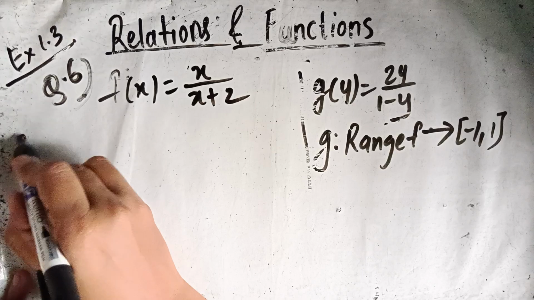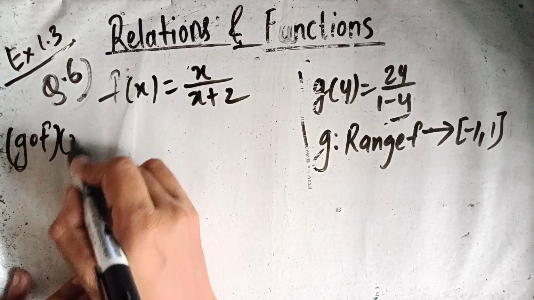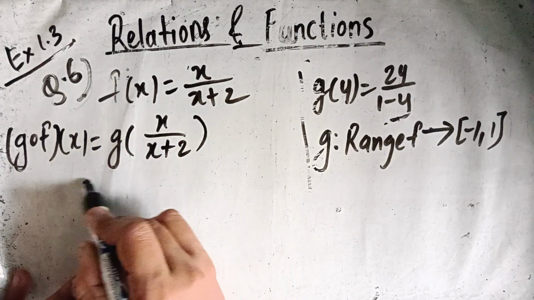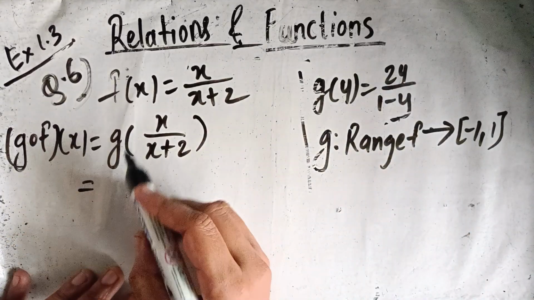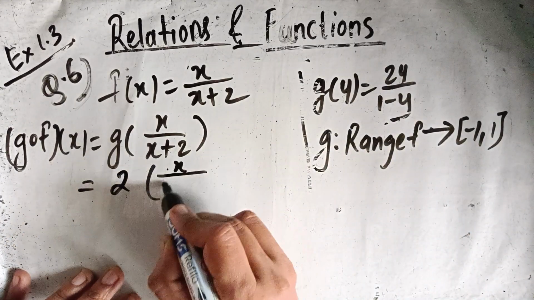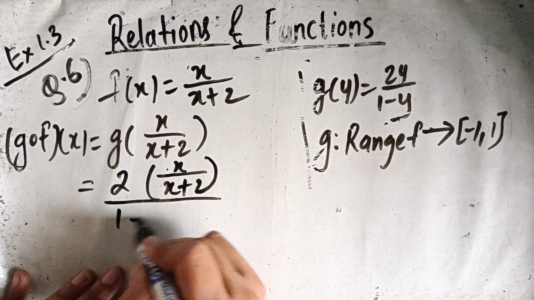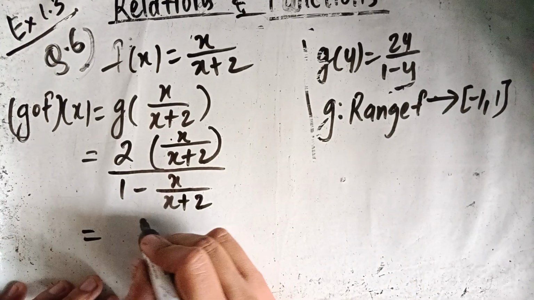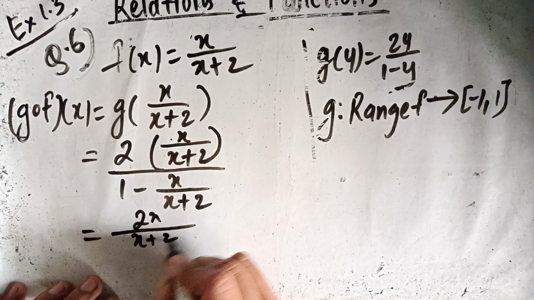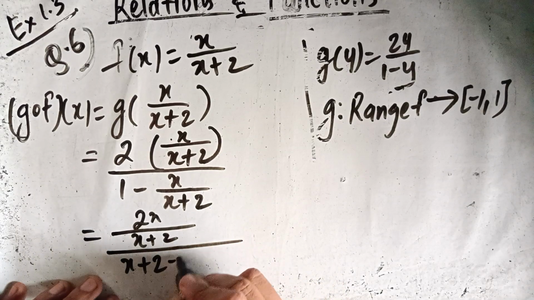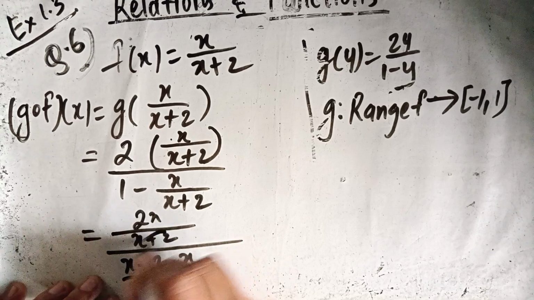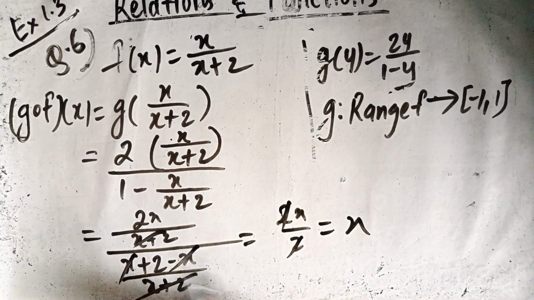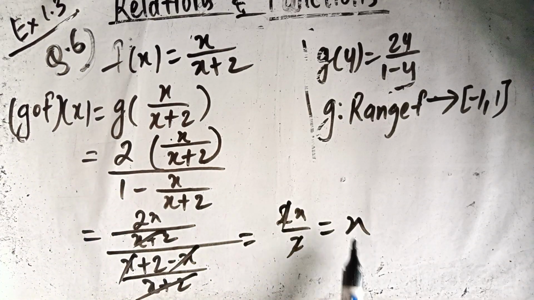Starting with g composite f of x, putting in x upon x plus 2 upon 1 minus x upon x plus 2, this is 2x upon x plus 2 upon x plus 2 minus x upon x plus 2. It gets cancelled: 2x upon 2, so we get x. So g composite f of x is x.